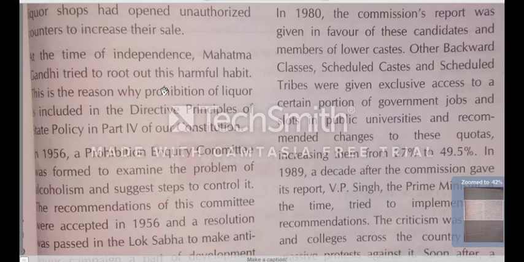It is included that liquor is harmful, and prohibition, which means निषेध.